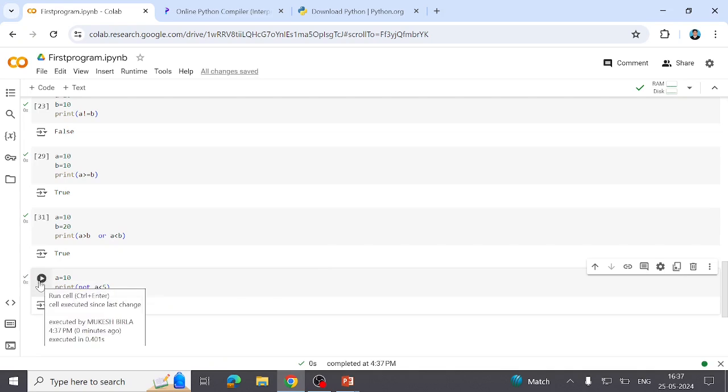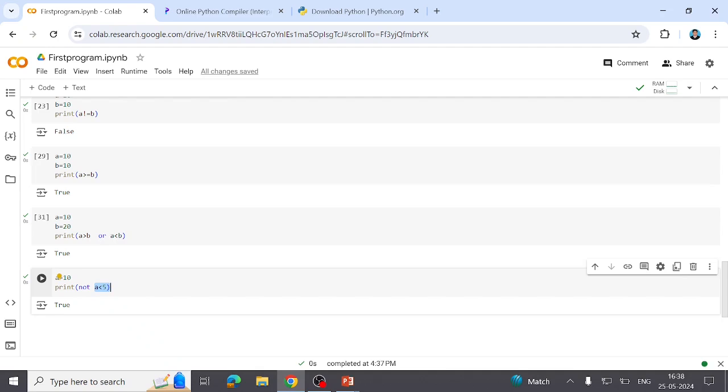You can see the output is true. Why? The output for this condition is false, but because of using the not operator it generates true.